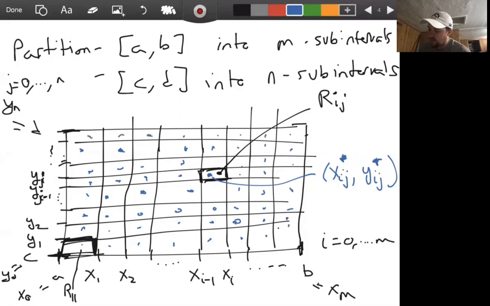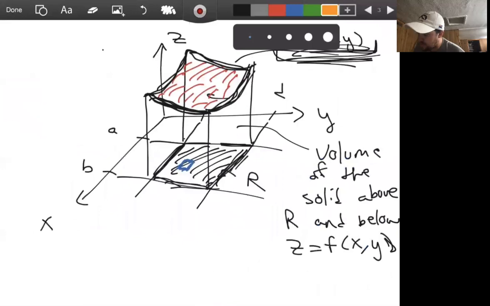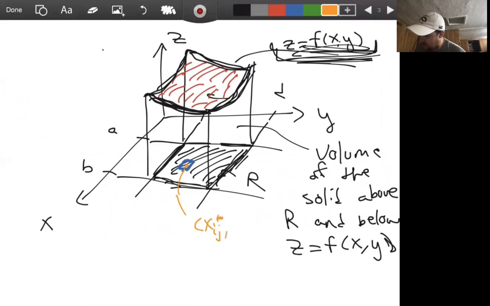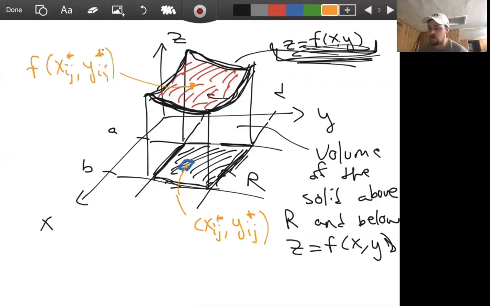And when we do this, we can apply the function to this test point. And so if we pick a test point here, let me use yellow in there. If we pick a test point xij star, yij star, and plug it into the function, then that's going to give us some value on the surface, right? This is going to be f of xij star, yij star.